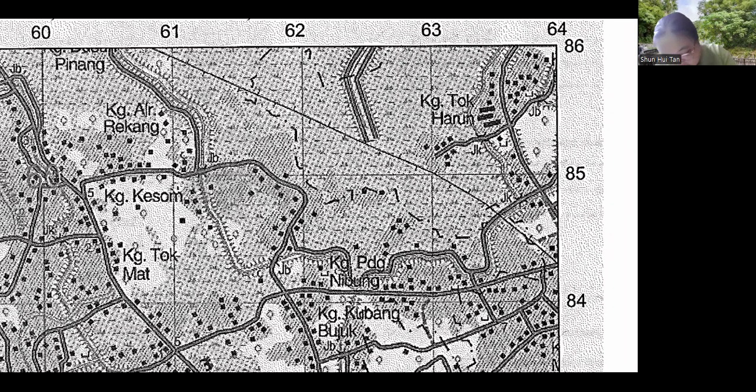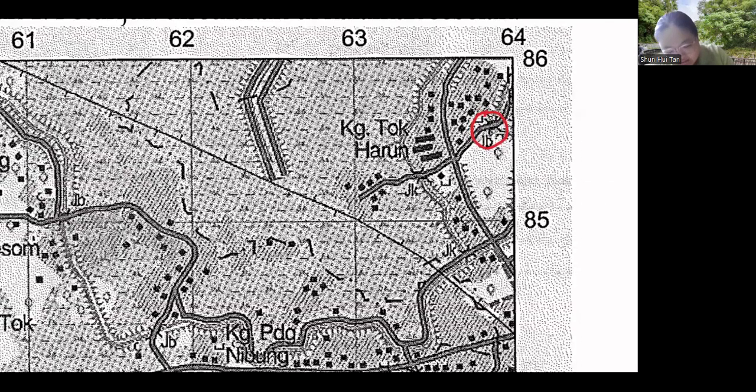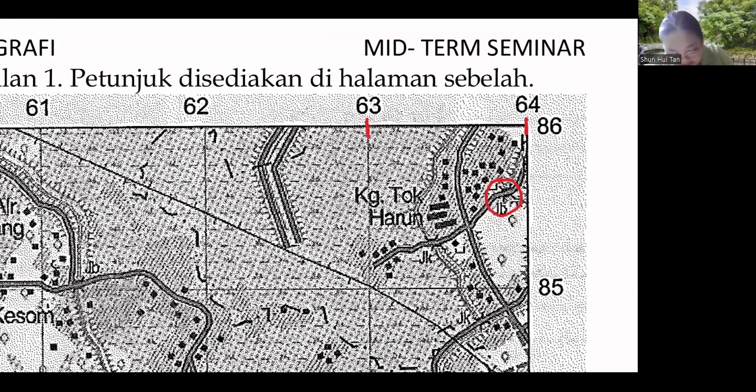Yeah, jambatan is this one. JB. And what is the rujukan grid for this? Look at here first. It is located between 63 and 64. So same, 6 angka. You need to find the decimal. So cut it into half. 1, 2, 3, 4. 1, 2, 3, 4.